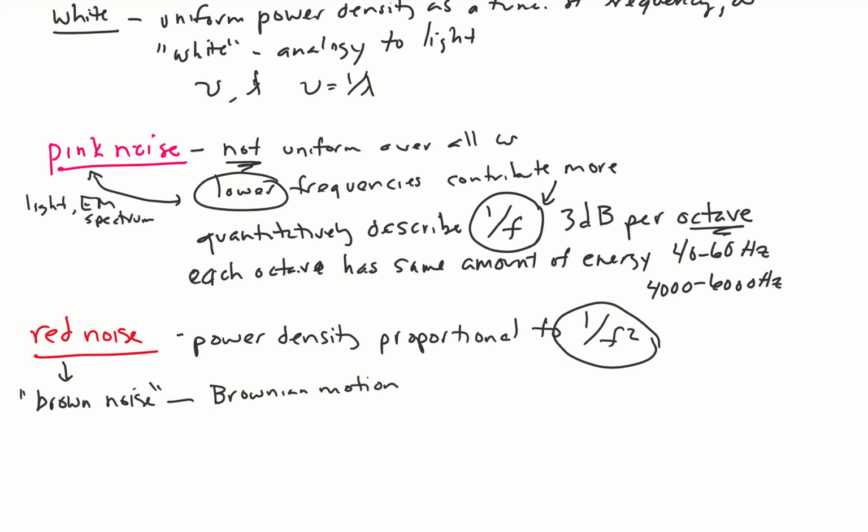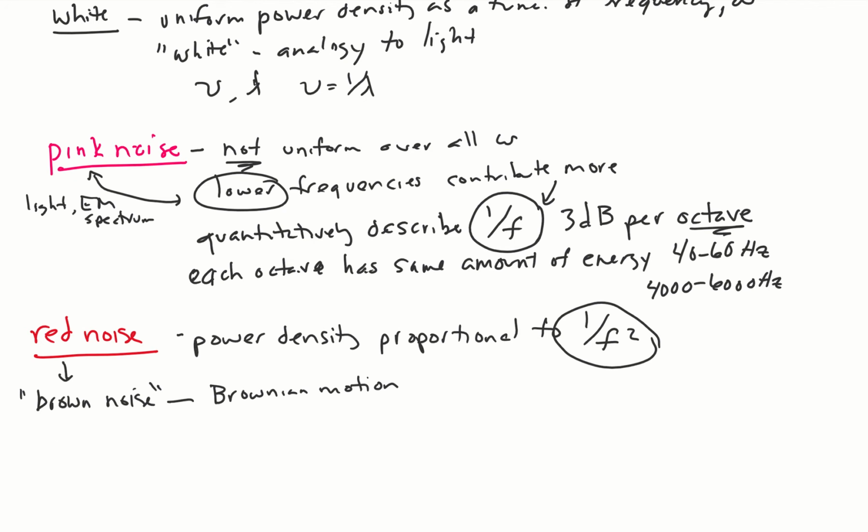So when we're discussing pink noise and red noise, all the difference between those two, when we're being very specific in a quantitative way, is that pink noise is the 1 over F, while the red noise is 1 over F squared.